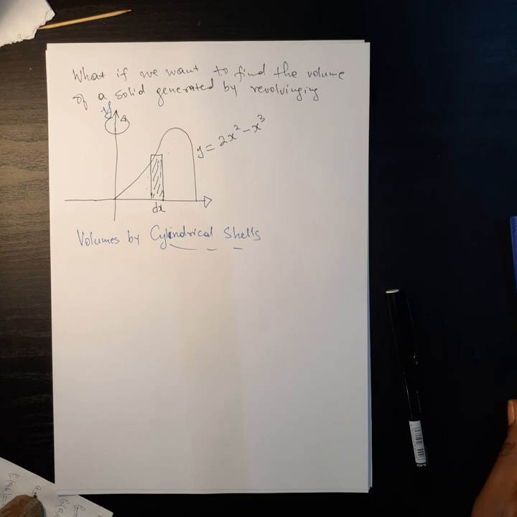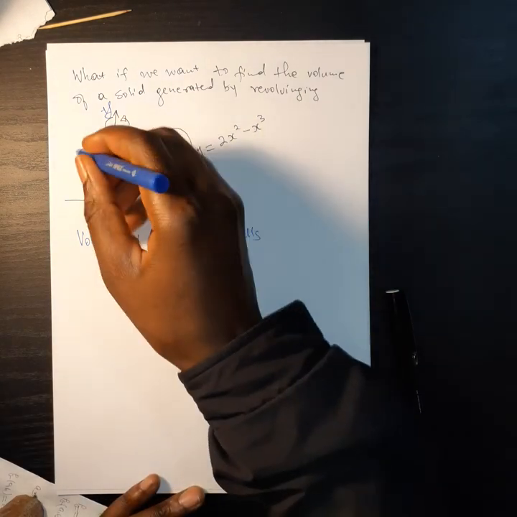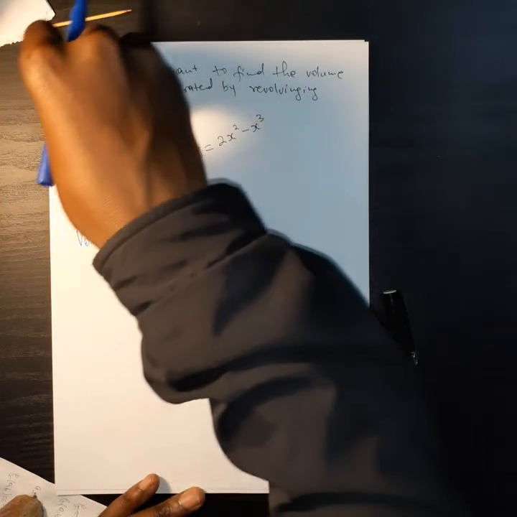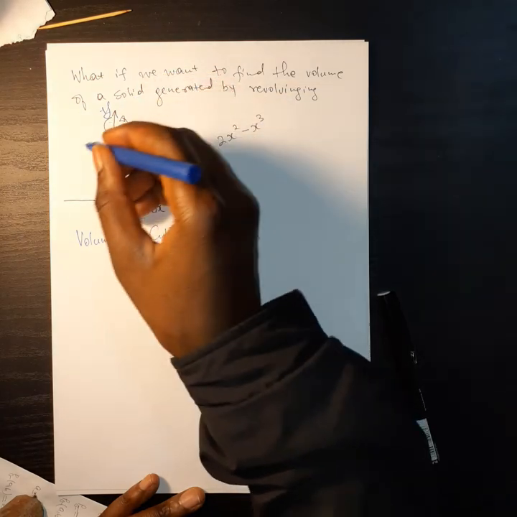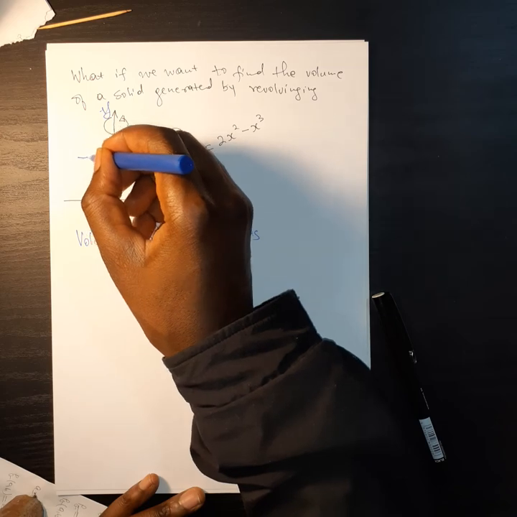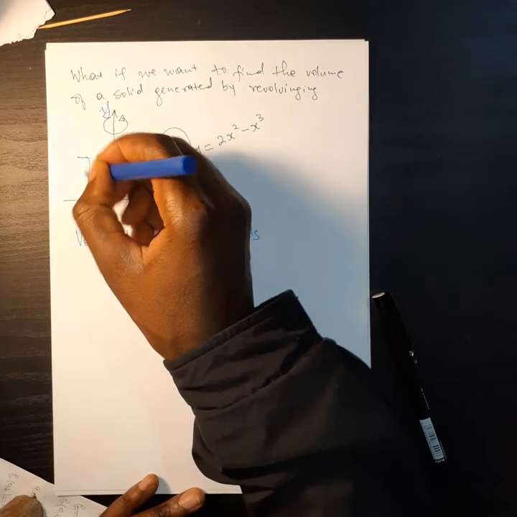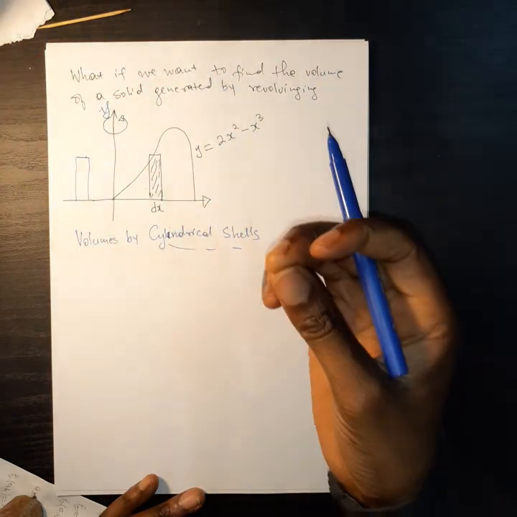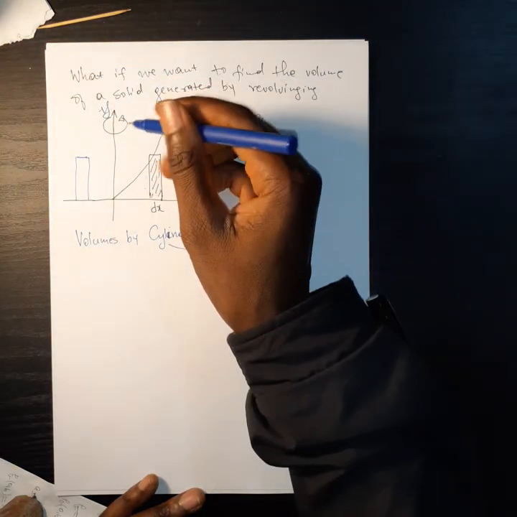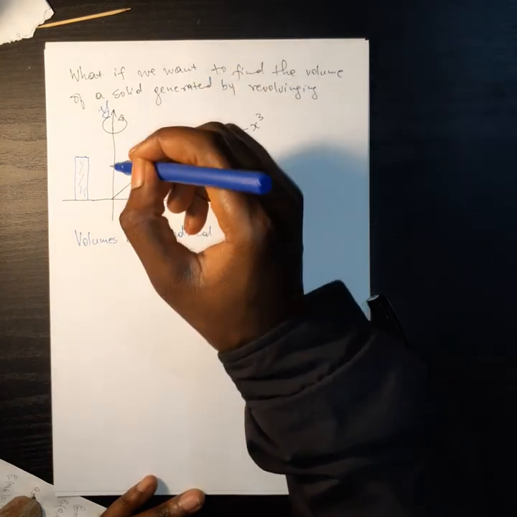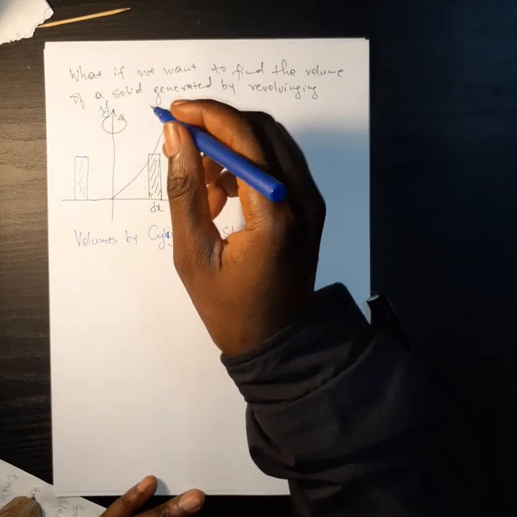Secondly, we note the following. If we do that, let us just take note of this. We are rotating this about the y-axis. So if we do that, there will be a time when our rectangular strip will be on this other side, right? So if our rectangular strip is on the other side, what kind of an object do we have?